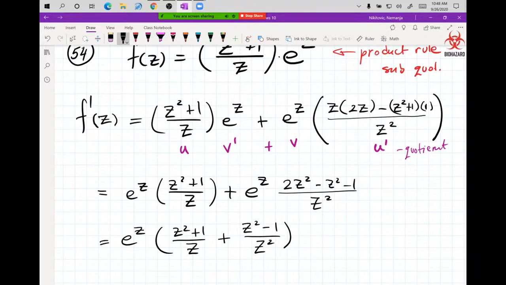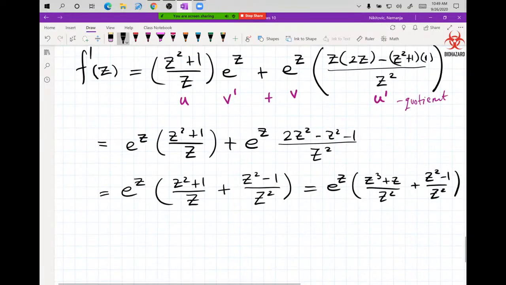And we can multiply the left one to get the common denominator. So e to the z, z cubed plus z over z squared plus z squared minus 1 over z squared. Again, simplifying it for the sake of chapter 4.